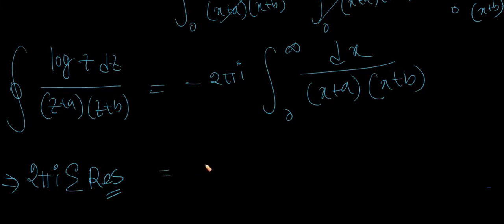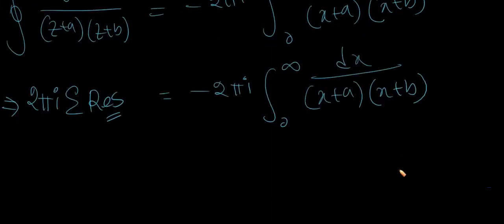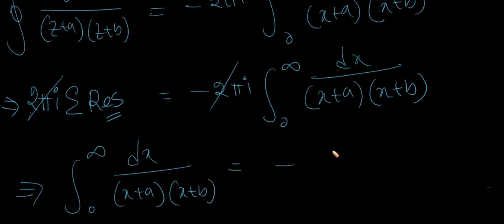And on the right hand side you have this 2 pi i integration from 0 to infinity of dx over x plus a, x plus b. So this 2 pi i and this 2 pi i will cancel out, and all you have left is the integral from 0 to infinity of dx over x plus a, x plus b equals minus the sum over the residues.